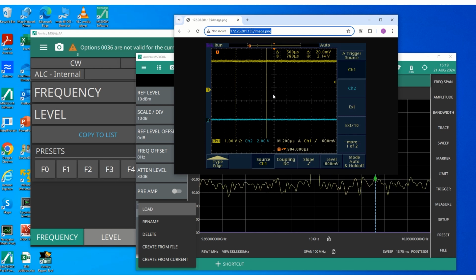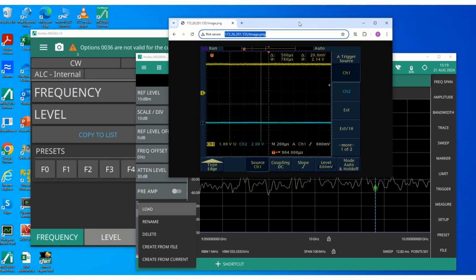The oscilloscope has a VXI11 server, and a snapshot of the oscilloscope's display is published on the page every 10 milliseconds or so. This GUI on my screen here accesses that page. We are going to access the page whenever we want to see Rubidium's waveforms.